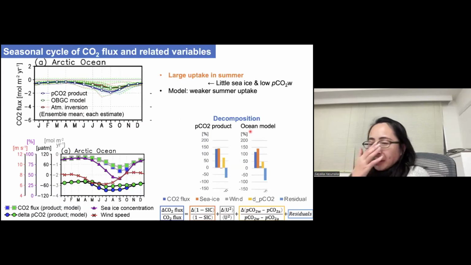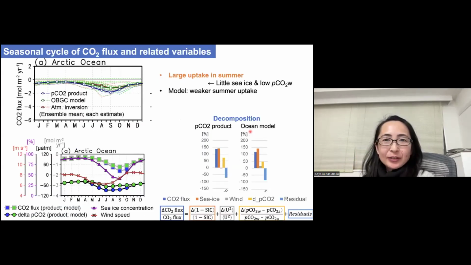Right. Next is the seasonal cycle of CO2 flux and related variables. This figure shows the Arctic CO2 flux from January to December from each estimate. And all of them show negative values. If we calculate the ensemble mean of all estimates, it shows a negative number in all months.